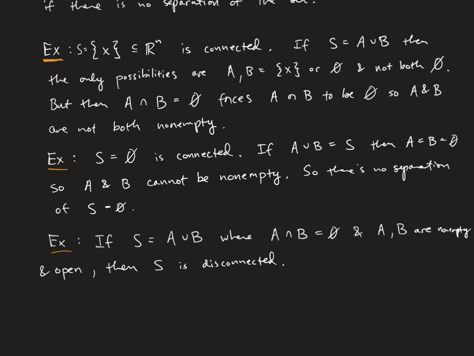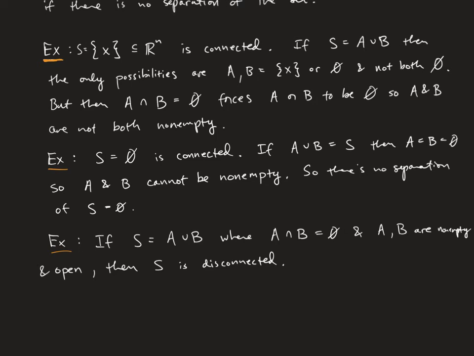And so this is sort of obvious. We have the disjoint just by our hypothesis. They're non-empty, and then the open condition just comes from the fact that A is just A intersect S, and A itself is open. And B is just B intersect S, and B is open.